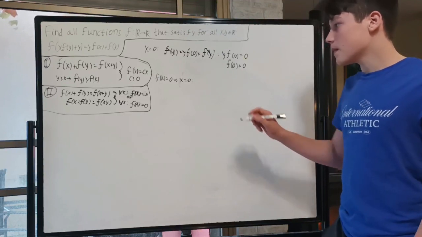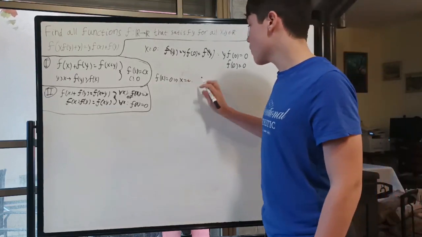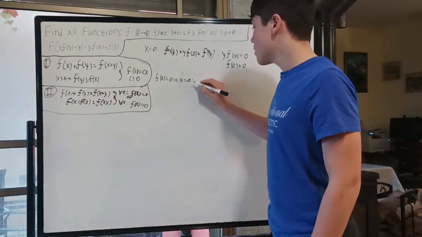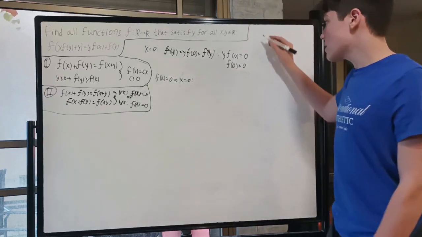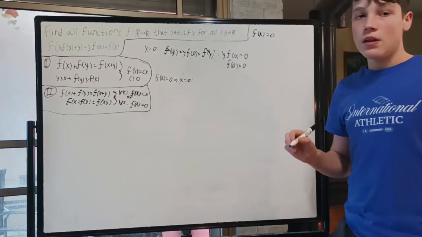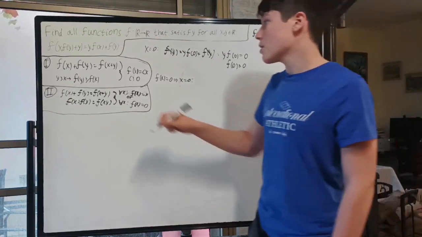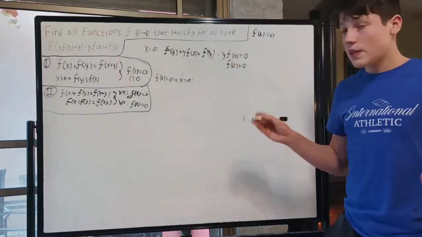And actually, this is not completely true. First of all, before we do this, we have to assume something. Notice that if f of x is equal to 0 for all x, that works, because this will be 0, and 0 is 0 plus 0. That's correct.